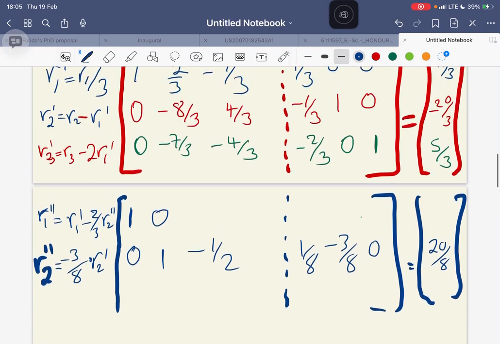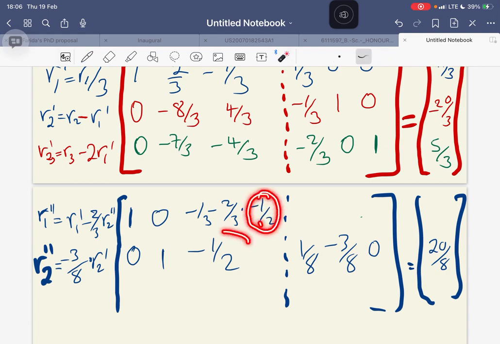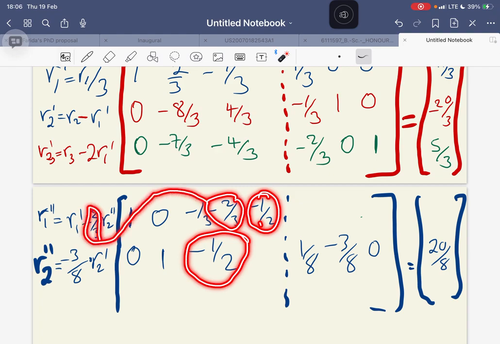So what we have here is minus 1 over 3 minus 2 over 3 times minus 1 over 2. This minus 1 over 2 is from here. This minus 2 over 3 is from our equation here.